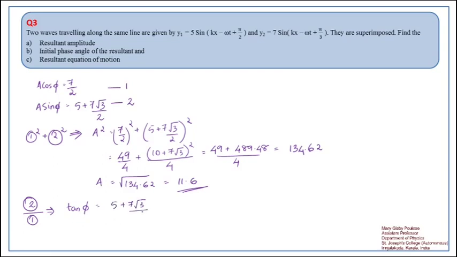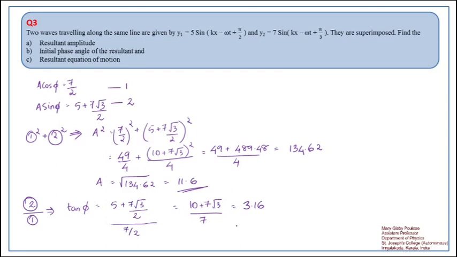Now taking the second equation divided by the first equation, we get tan φ is equal to (5 + 7 root 3/2) divided by 7/2, which can be simplified as (10 + 7 root 3) divided by 7, and that is obtained as 3.16. So tan φ is equal to 3.16.